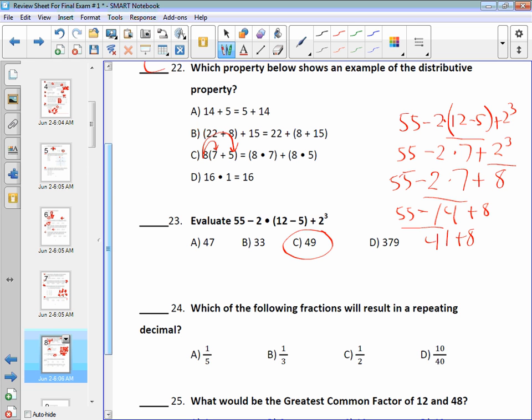Be careful, because there's also a PEMDAS question. Listen, please. How would you get 379? If you do it out of order, what we do is we take typical student mistakes that kids make and make them the wrong answers.